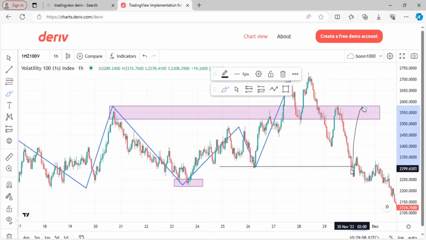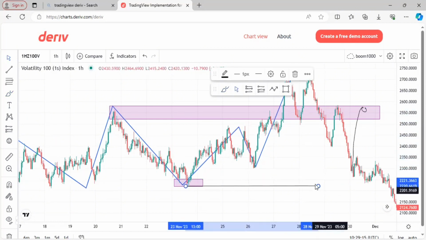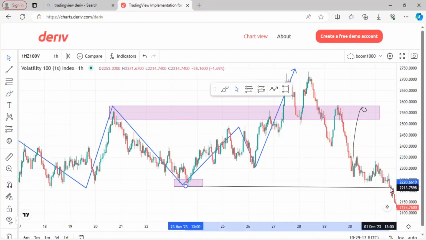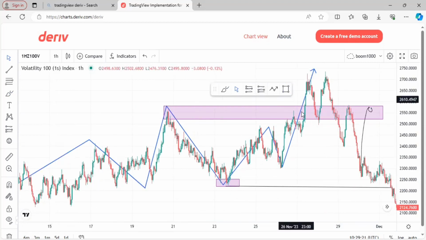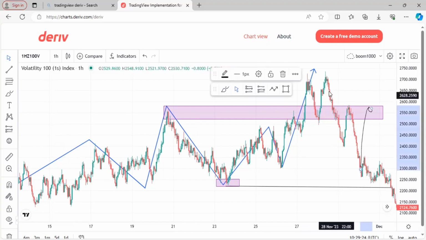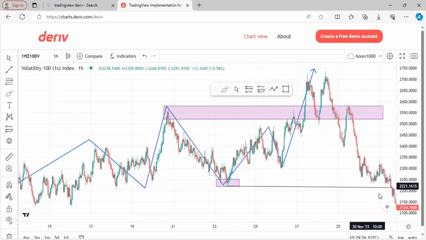This one, after breaking it, actually went down here to also break this one. So we are still in play. All we are waiting for is a market will come back here. Then we get a sell entry. So let's see what happened.